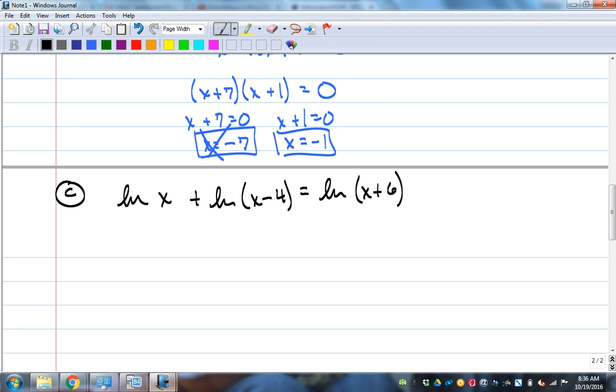So what can we do? Multiplication on the left side. So that's going to get natural log. I'm just going to go ahead and distribute that out. Is that okay? x squared minus 4x, since I know that's what will happen.